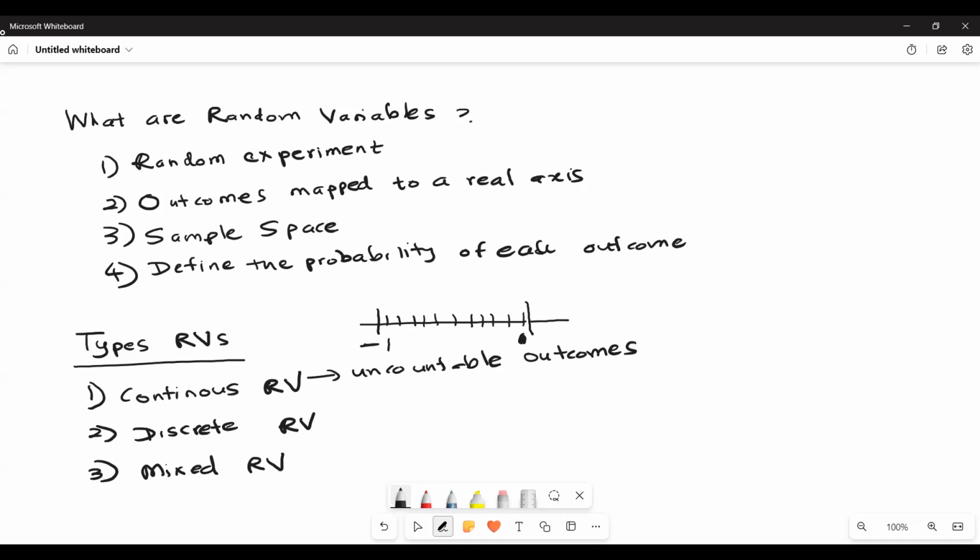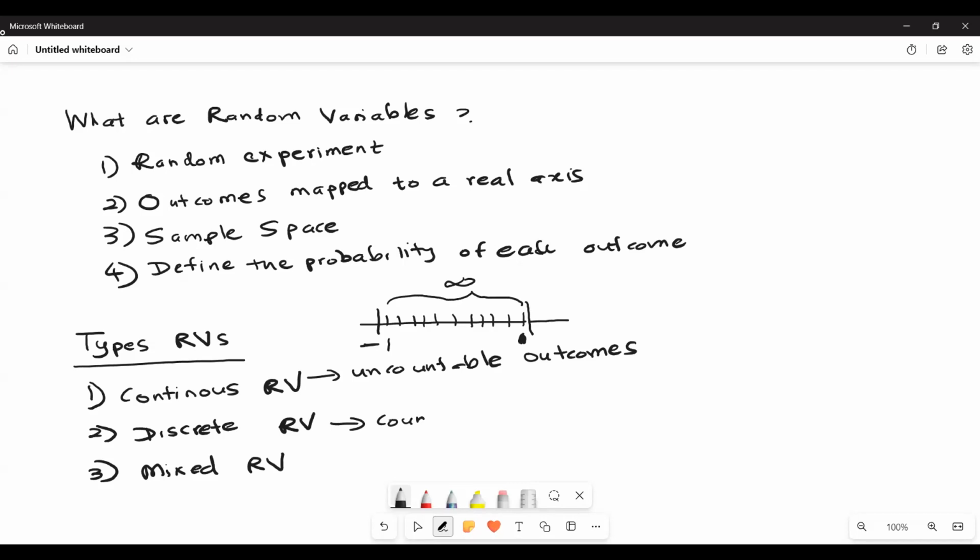Since there are an infinite number of outcomes inside this region, we cannot count them. Because of that, we say that for continuous random variables, the number of outcomes is infinite or uncountable, right?